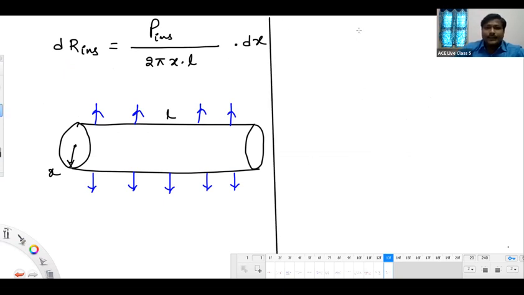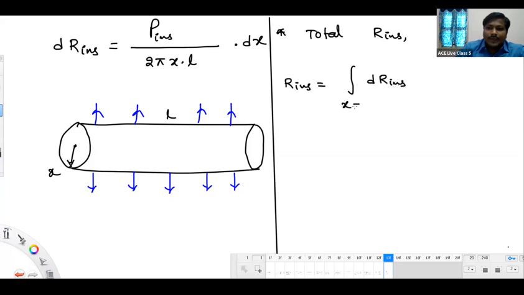So I'll write here total R insulation value. R insulation will be equal to the integral of dr insulation, starting from x equal to small r to capital R.